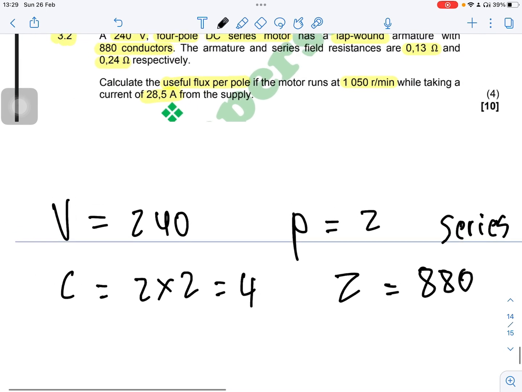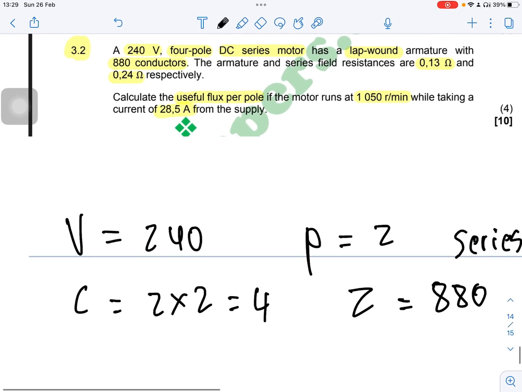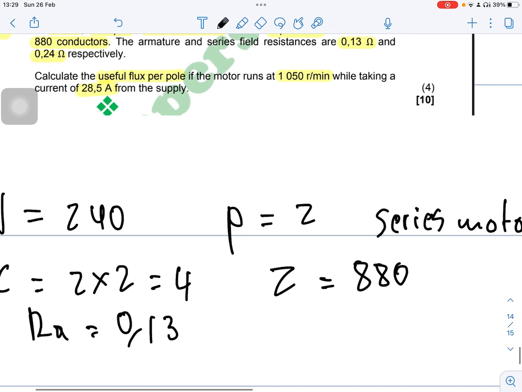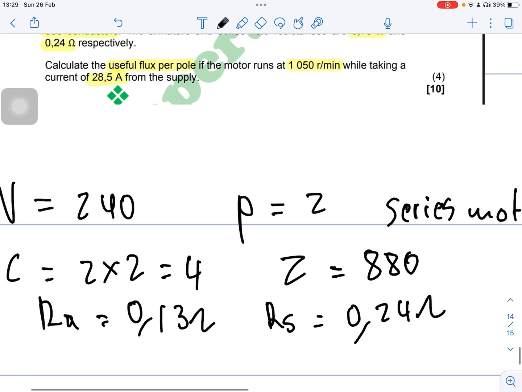Then we are given the armature resistance, which is 0.13, then the series field winding resistance, 0.24 ohms.